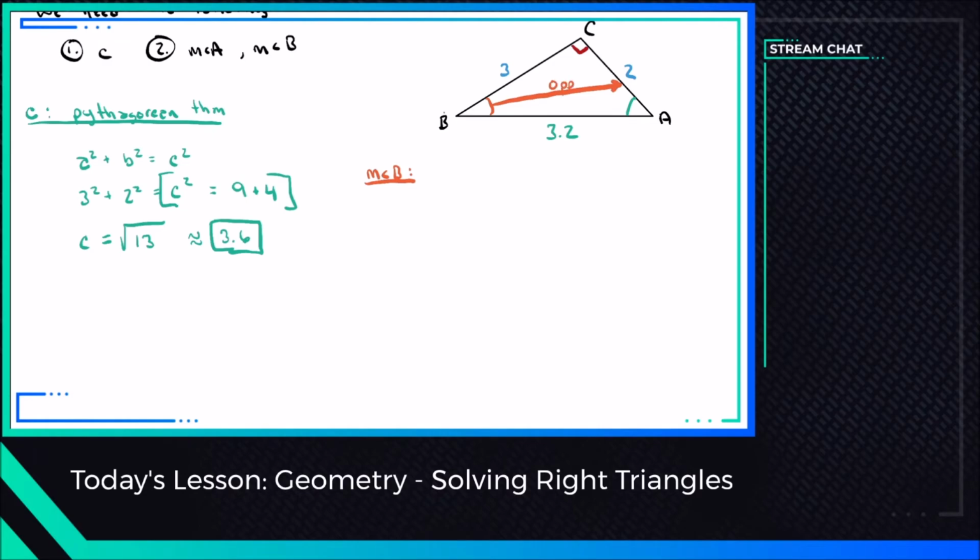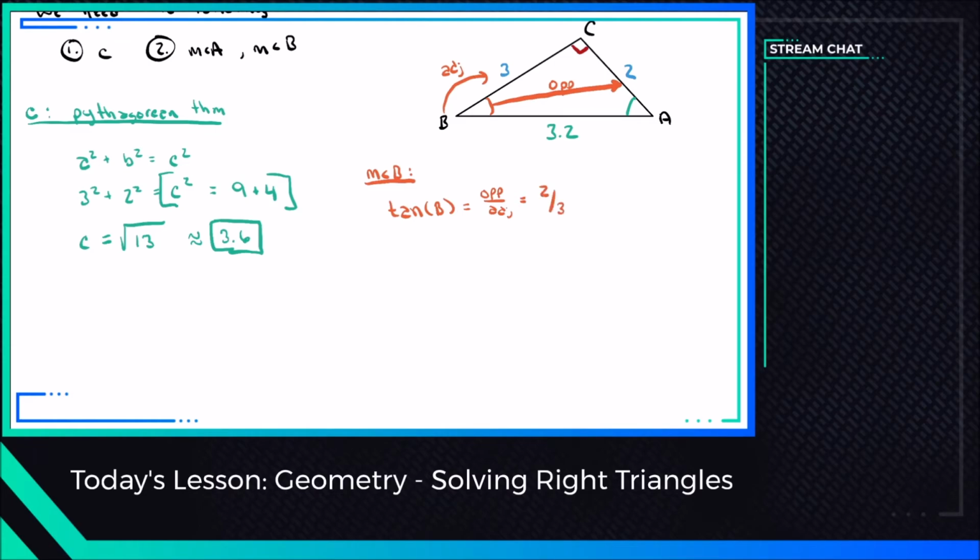And we also have the side that is adjacent. So which trig ratio lets you use the opposite over adjacent? Well, that trig ratio would be tangent. So the tangent of B is equal to the opposite over the adjacent, or 2 over 3.